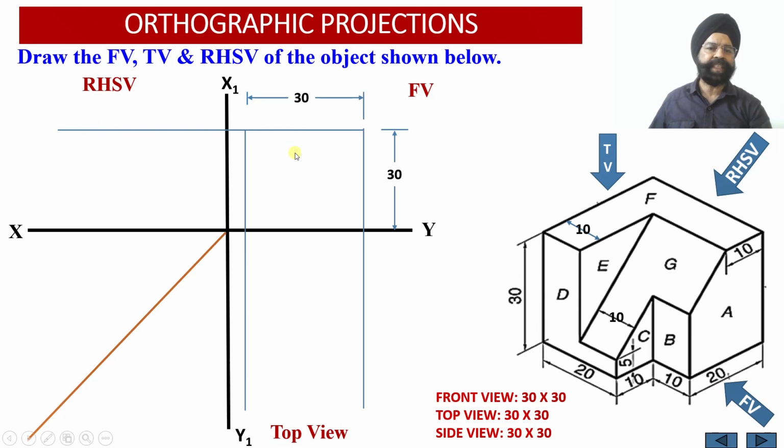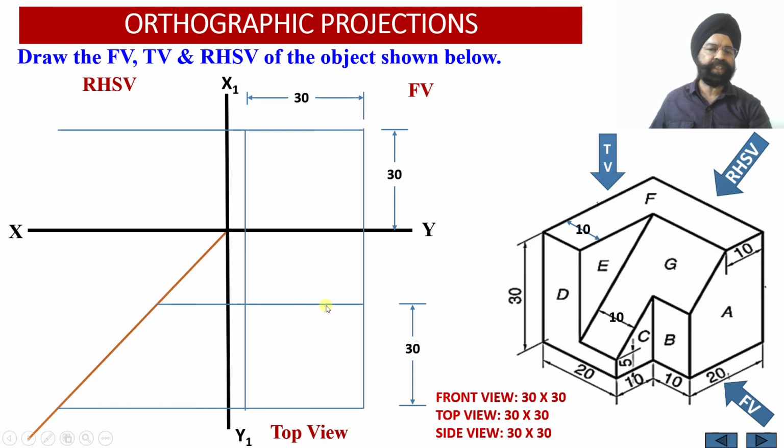So the front face of this particular solid has been drawn as a square of edge equal to 30 millimeter. Now let us draw the depth of this solid in the top view. This is the depth of the solid which I have drawn in the top view, and we know that the depth of the solid also happens to be equal to 30 millimeter.